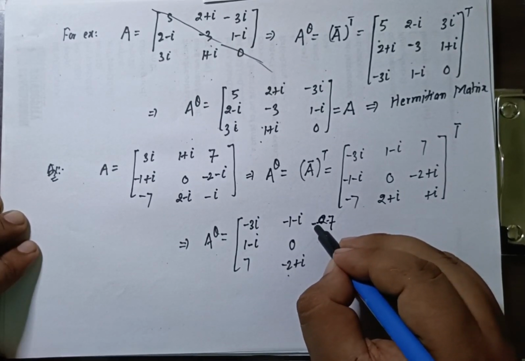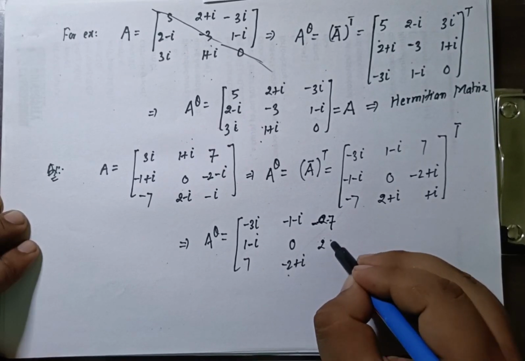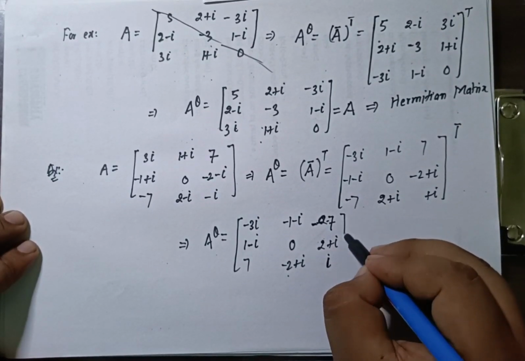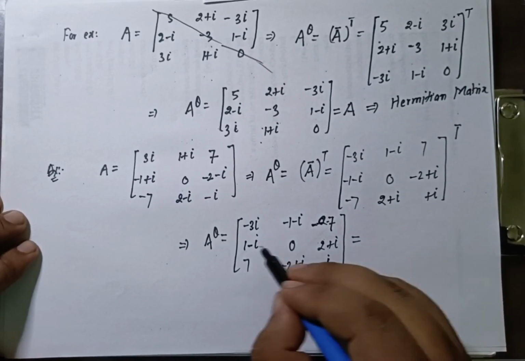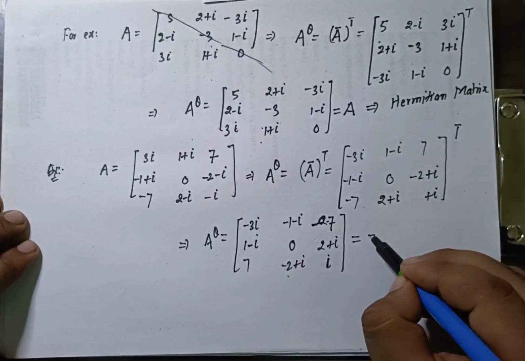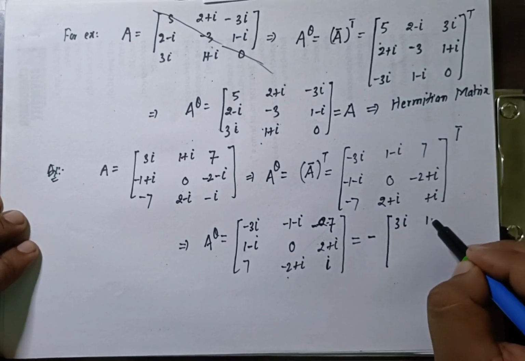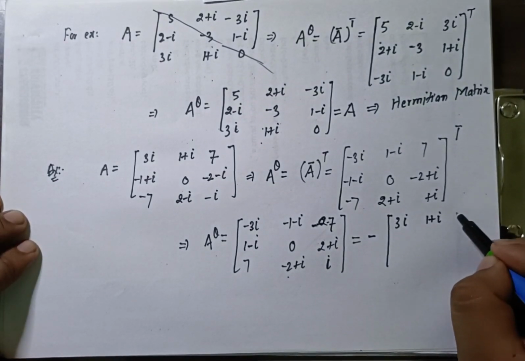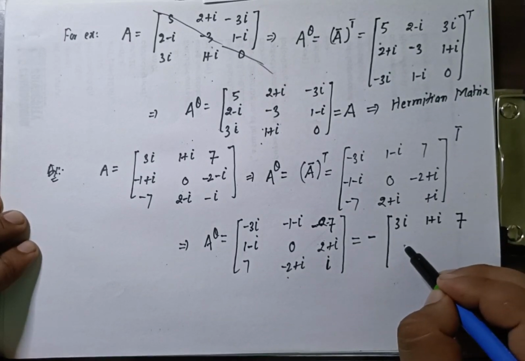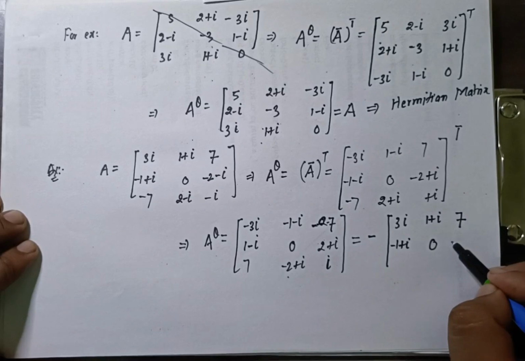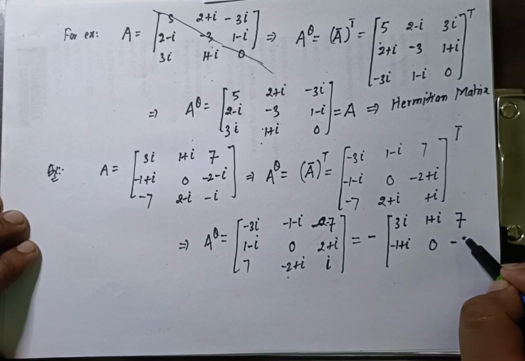It is minus 7 here, then 2 plus iota, and then plus iota. Okay, now take the minus outside from this matrix, so it will be 3 iota, 1 plus iota, and then 7, and then minus 1 plus iota, then 0, then minus 2 plus iota.